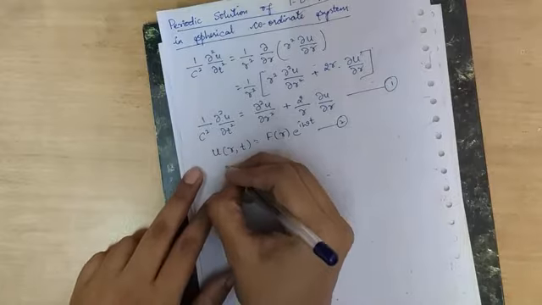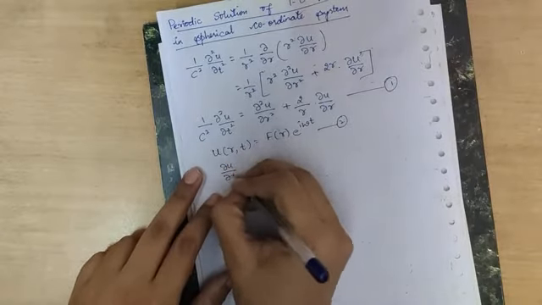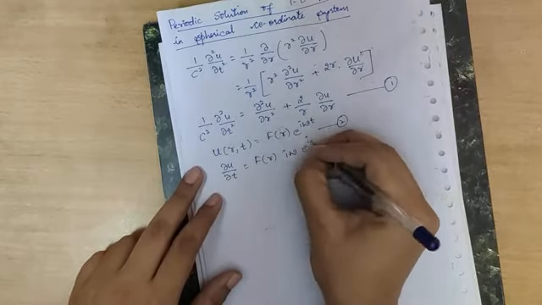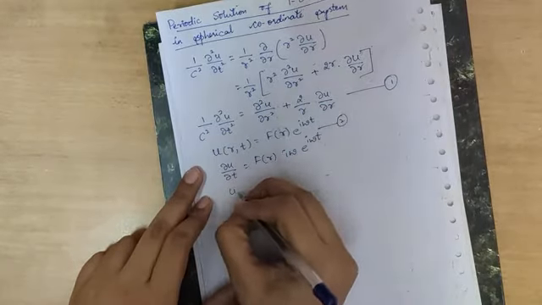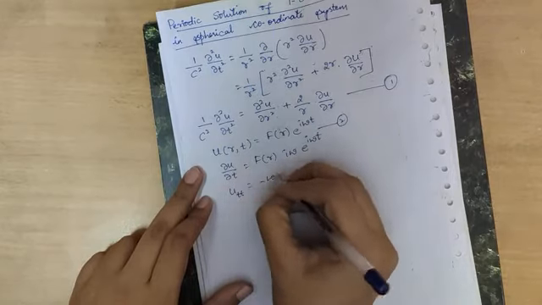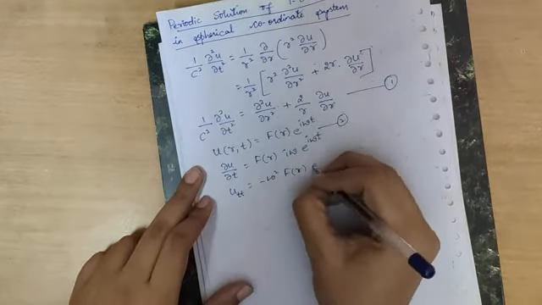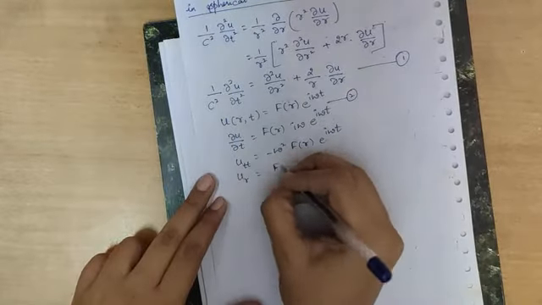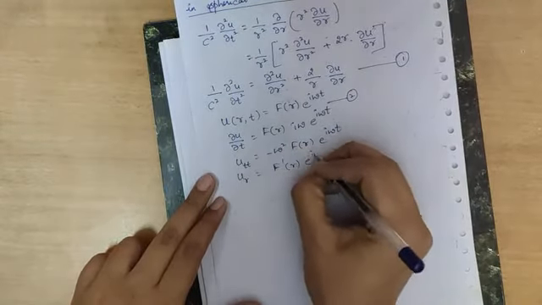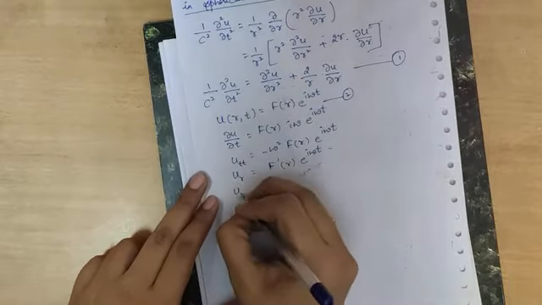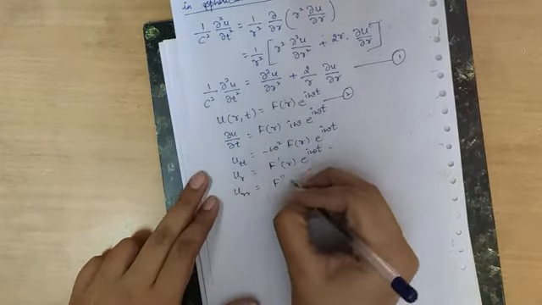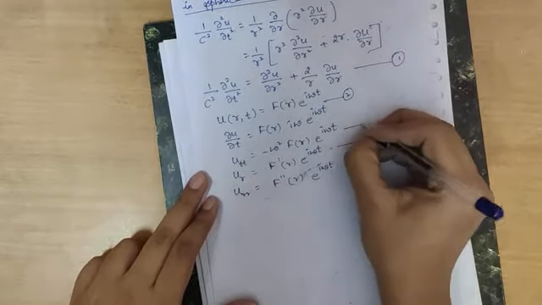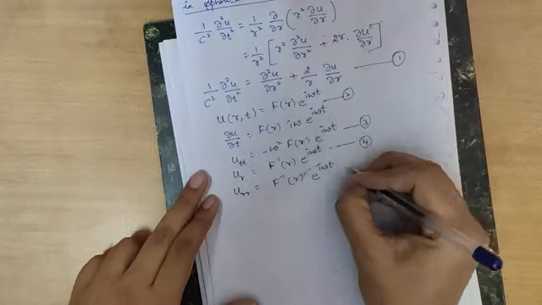So you will get u t is equal to f of r i omega e power i omega t. U tt will be minus omega square f of r e power i omega t. U r will be f dash of r into e power i omega t, and u rr will be f double dash of r into e power i omega t. This is 3, 4, 5.